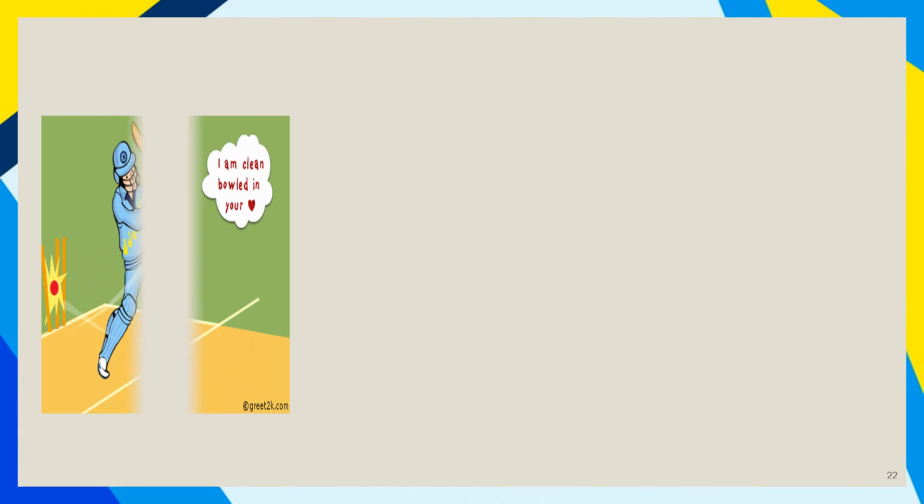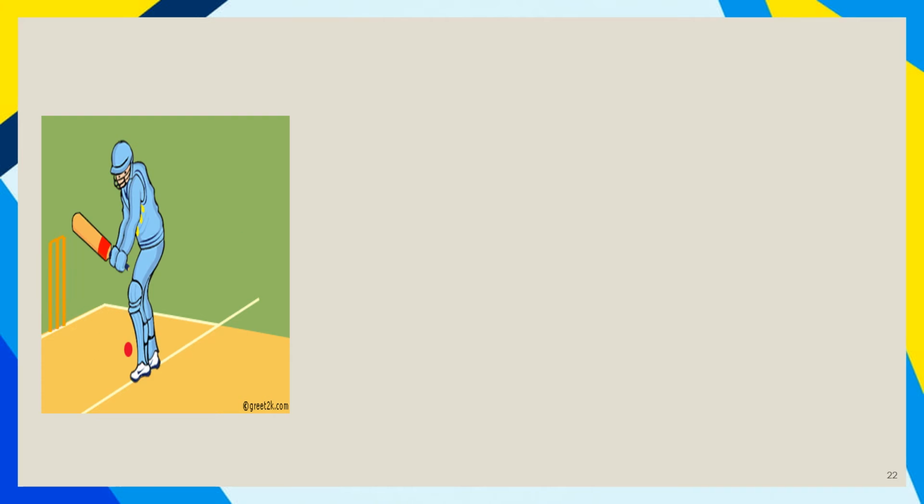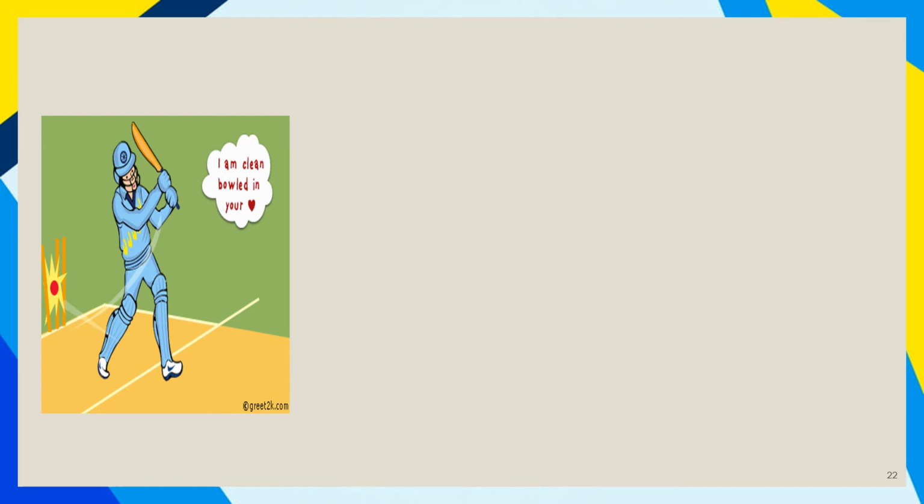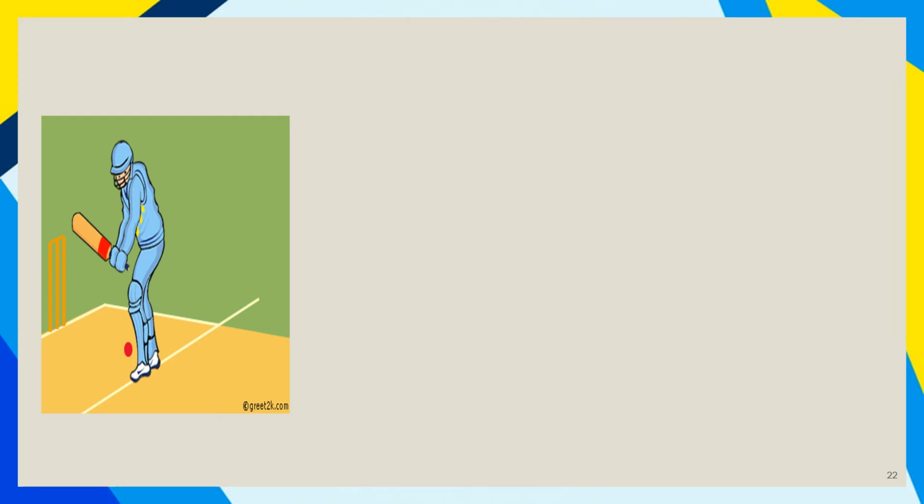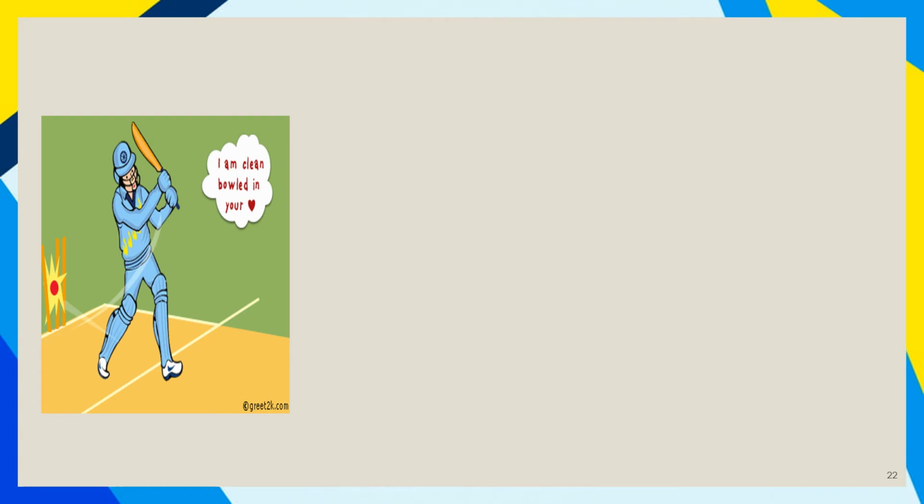Let's understand step by step. The first example here is a cricketer hitting a ball, but the ball hits the stump instead of the bat. What happens to the stump is, the stump is at rest, but because the ball has hit the stump, it tends to move from its place.